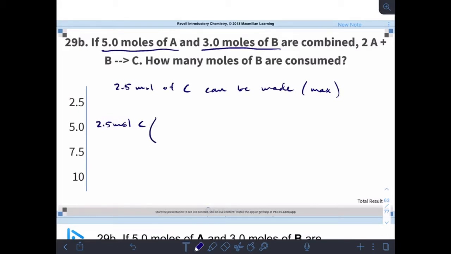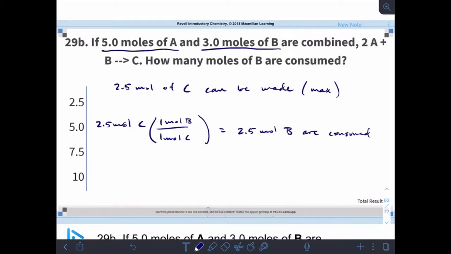Now it becomes a simple stoichiometry problem. Our relationship of C to B is 1 mole of C for 1 mole of B. So 2.5 moles of B are consumed to make that much product.